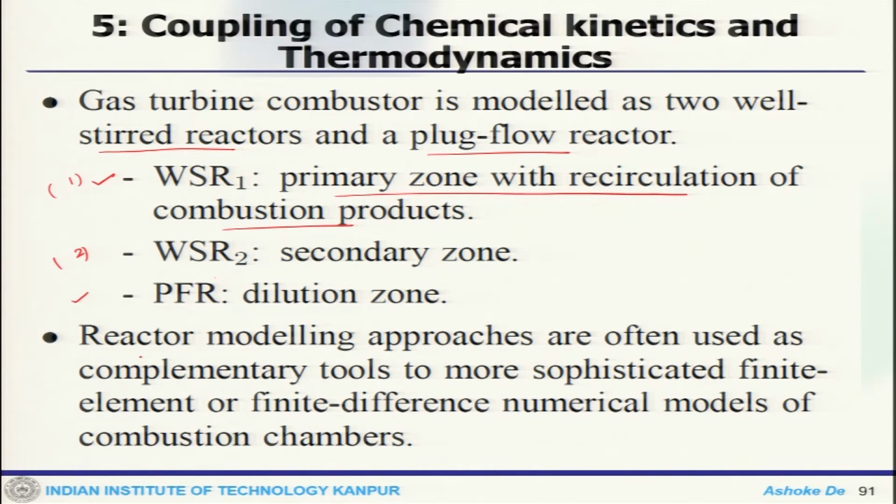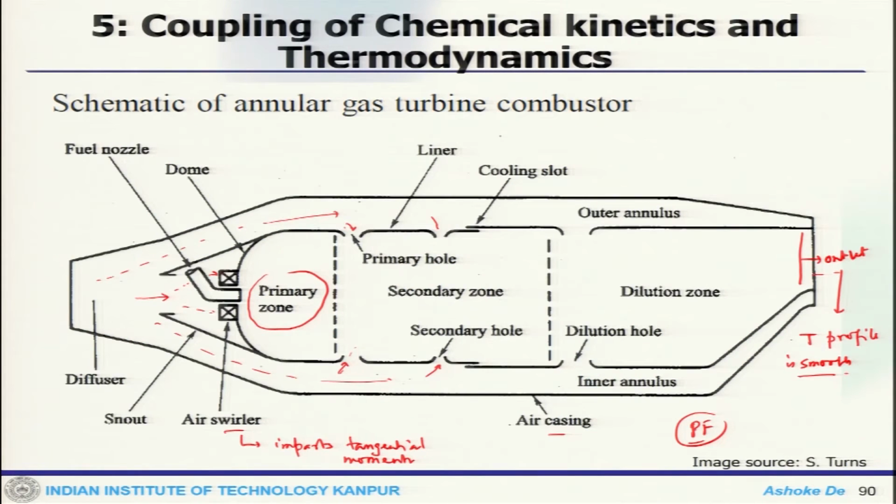This reactor modeling approach is often used as a complement to more sophisticated finite element or different numerical models for the combustion chamber. These are things that one uses to simplify a complicated problem like a gas turbine engine.